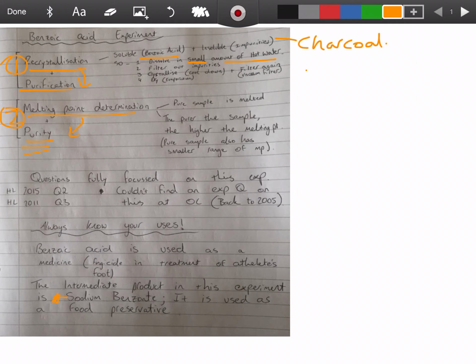First of all, we do a filtration to filter out those impurities, the insoluble ones, because they're not going to dissolve in the hot water, and they will be trapped in the filter paper as the sample goes through. So you can imagine I've got a funnel with my filter paper inside, and I've got my sample of the benzoic acid. I'll colour it in blue, with some of the charcoal in there as well, which is insoluble.